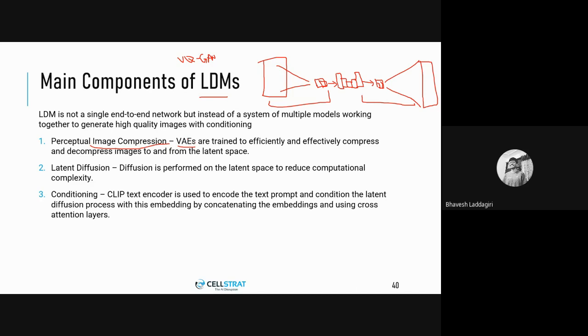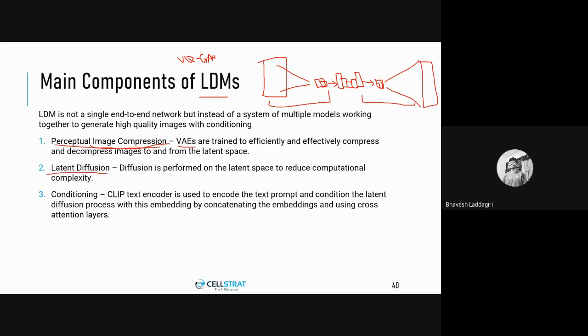VAEs are trained separately, not along with the LDM or anything, to first effectively compress and efficiently decompress the images to and from the latent space. So that is the perceptual image compression. The idea is that you train it in such a good way that your details and quality remain top notch always.